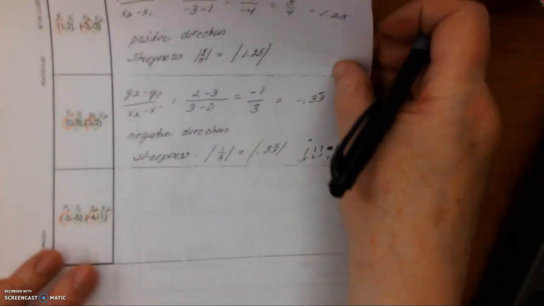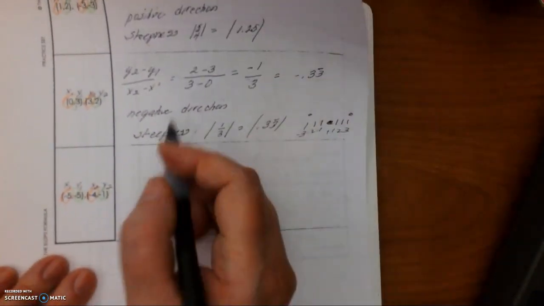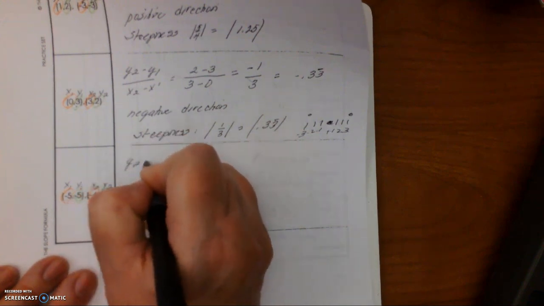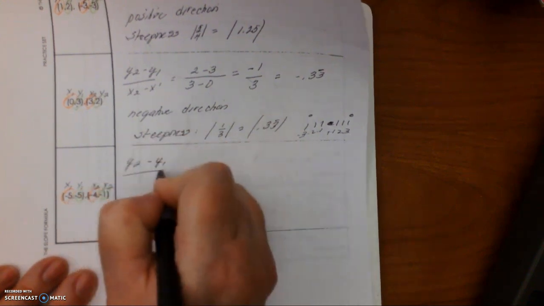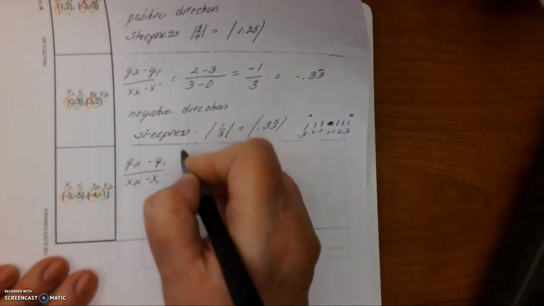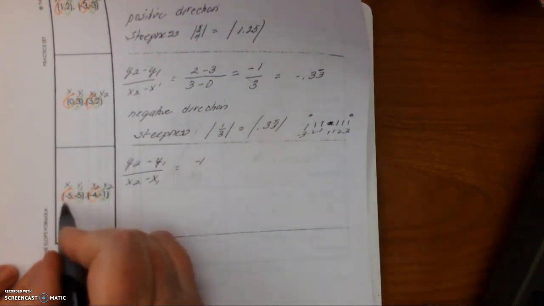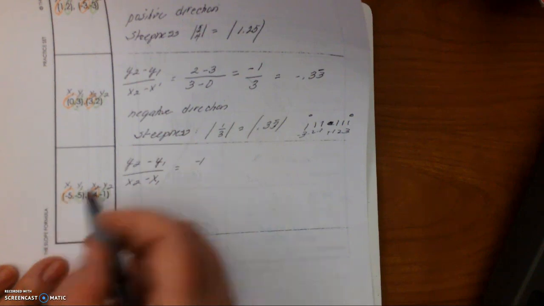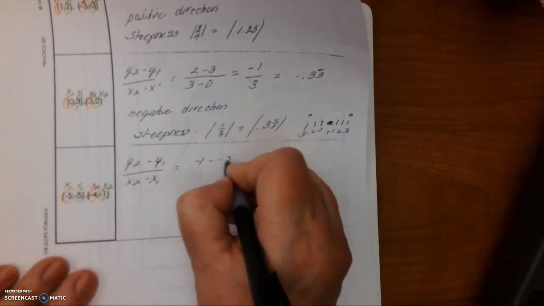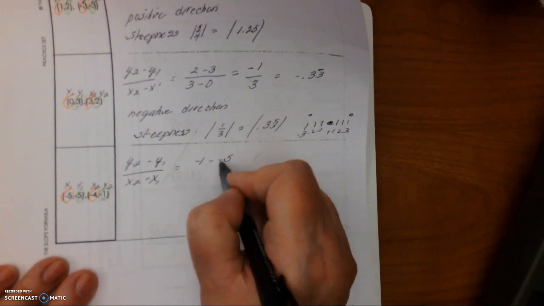Okay? And then the last one equals y2 minus y1 over x2 minus x1. y2 is minus 1, y1 is minus 5. So remember, minus negative 5.